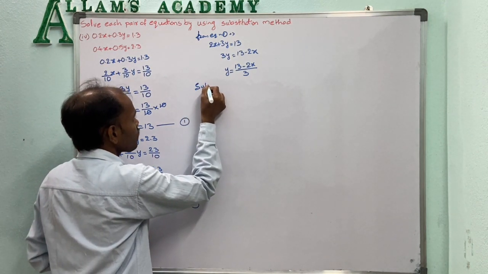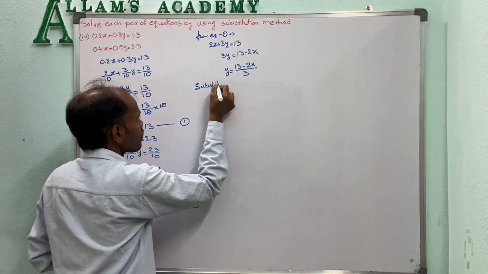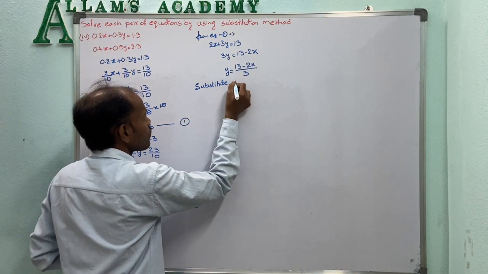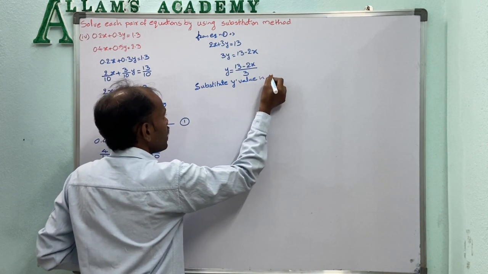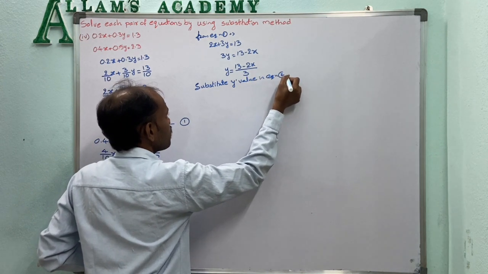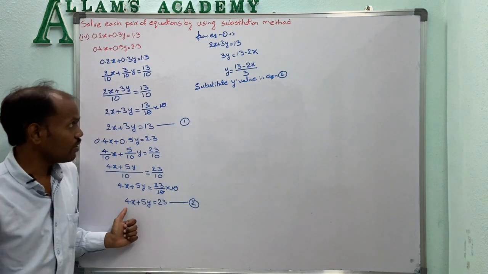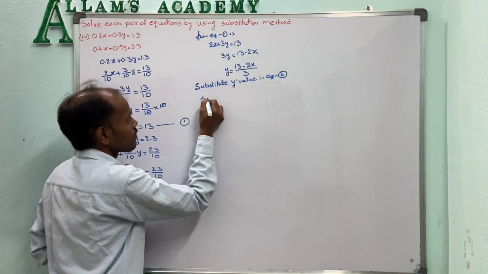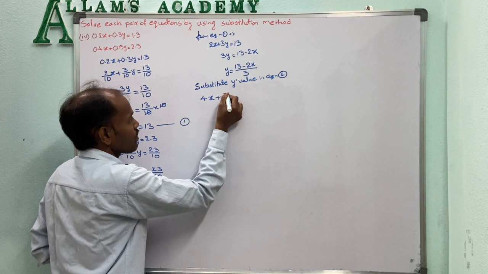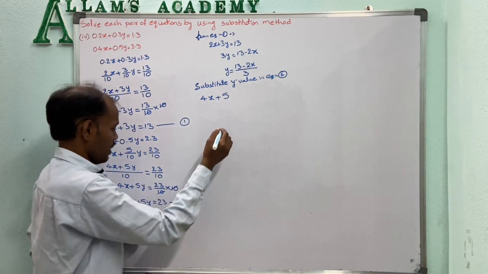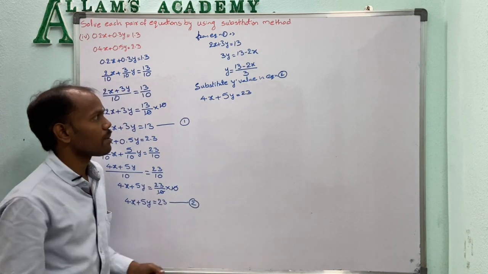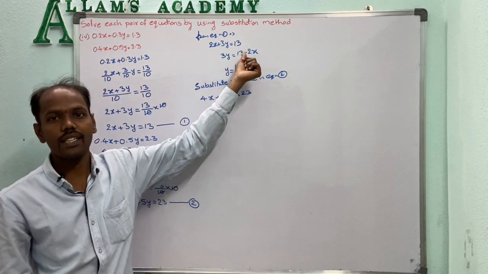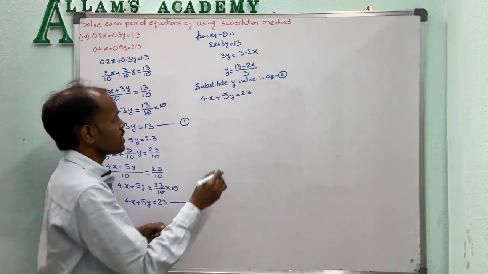Now this y value substituting in equation 2. Substitute y value in equation 2, so that is 4x plus 5y equal to 23. Now in the place of y I am writing 13 minus 2x by 3.